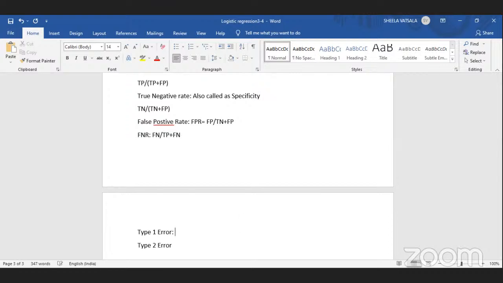Type 1 error is false positive, false positive rate or 1 minus specificity.